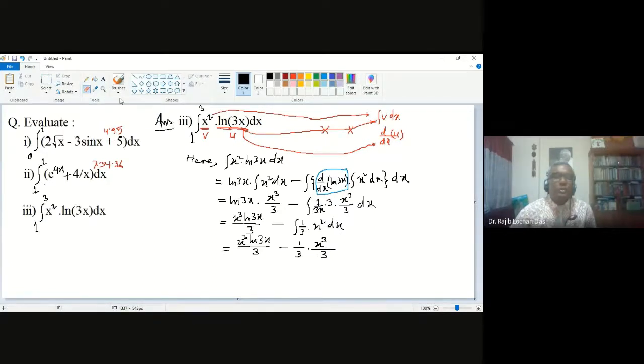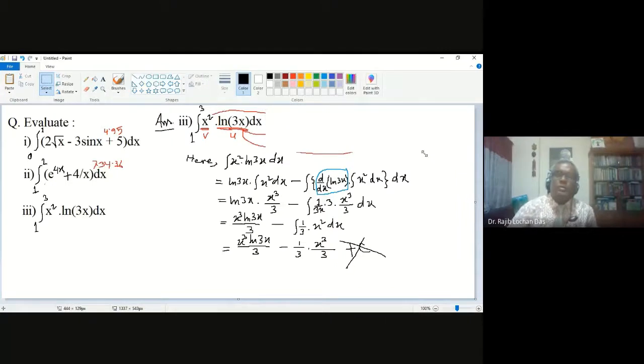So we are not using c here. Plus c is not necessary. Even if you give it, that will not be a wrong answer. If you use plus c, that will be cancelled ultimately, but it will be okay if you do not write anything.